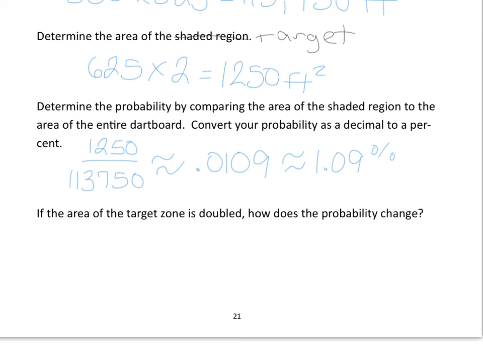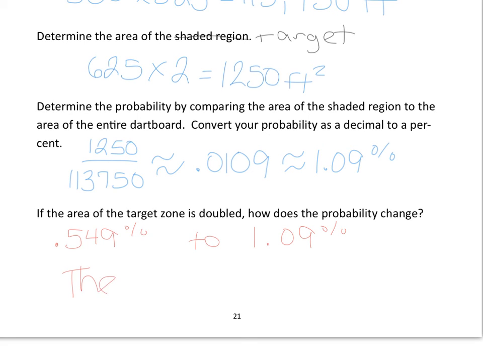Now, we're not asked to calculate the new percentage of hitting the target if the area is doubled. What we are asked is, how does the probability change? Well, if we're comparing 0.549% to 1.09%, again, everything's going to be close and it's only going to be approximate because we've had to round.